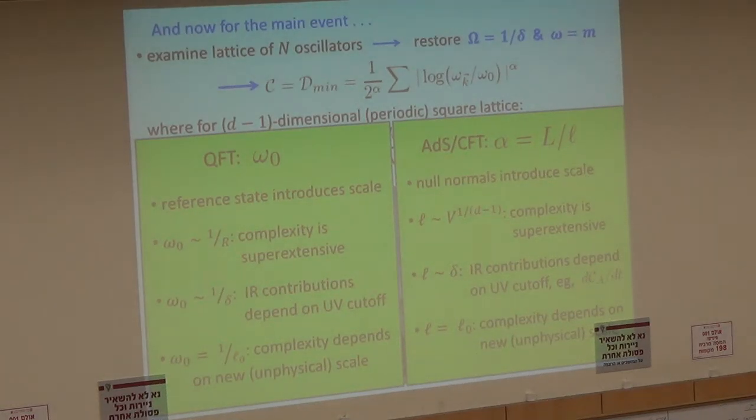And so let's compare to what I ended with last day. In the holographic case, when I was thinking about complexity equals action, I was stuck at a certain point because there was some arbitrary choice I had to make. And there were different choices that I could make for this new scale, which appeared in the normalization of the null vectors that define the surfaces.